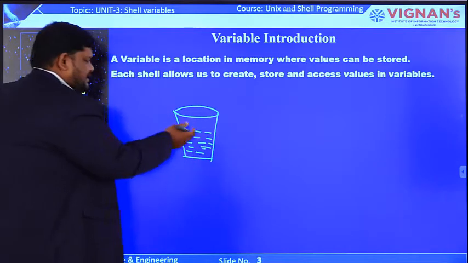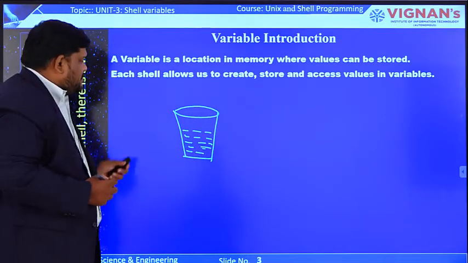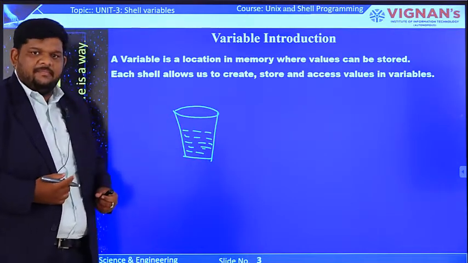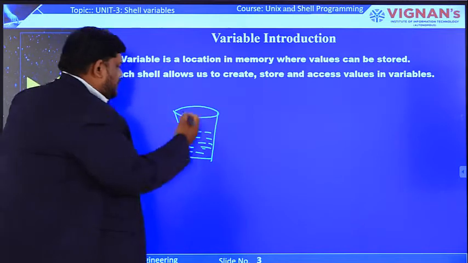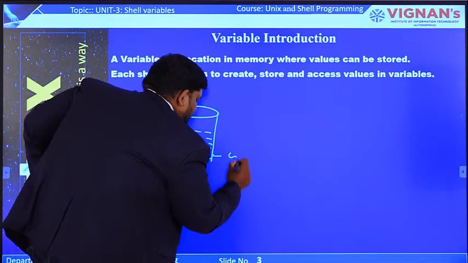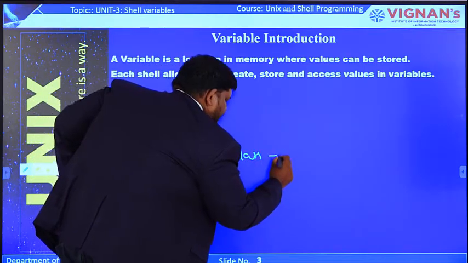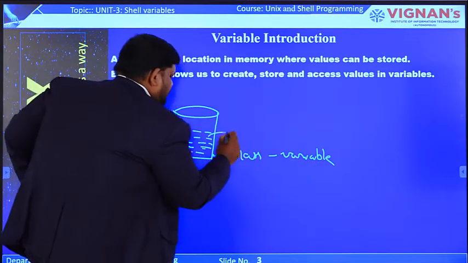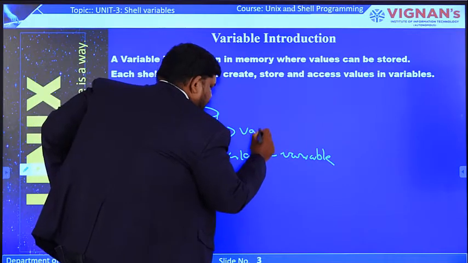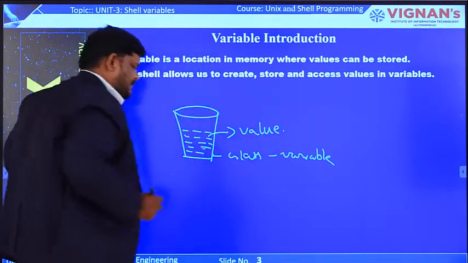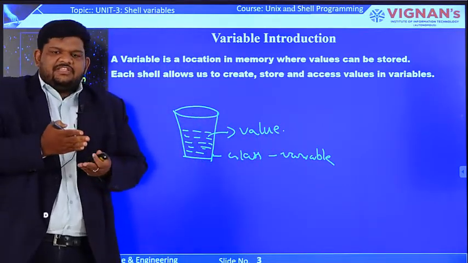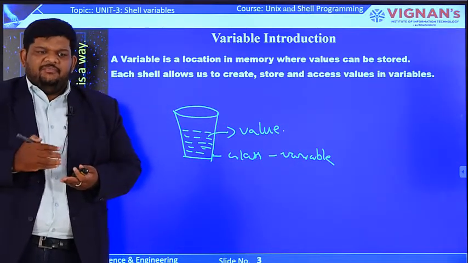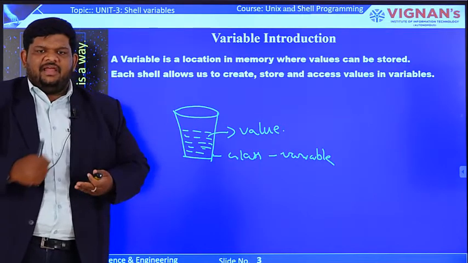Whenever we want, we can consume that water. In this way, we can treat this glass as a variable, and this water is nothing but the value. That means a variable can store a value. If you want to access that value, we can access it with the help of the variable name.